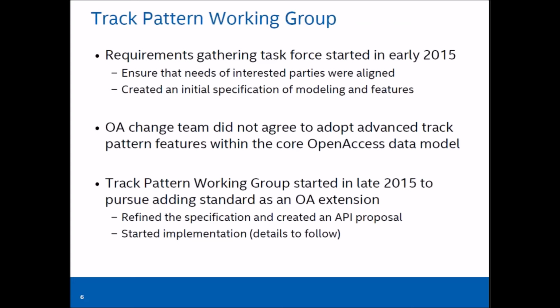I wasn't there, but to my understanding, there was not agreement to adopt those features within the core OpenAccess data model. And so the provision for cases like this can be to take this to the ESG and basically become an OA extension. So that's what happened in late 2015, and we've had working group meetings since then where we refined that specification that the task force originally created, and in fact we started some implementation now, which I'll talk about in a minute.